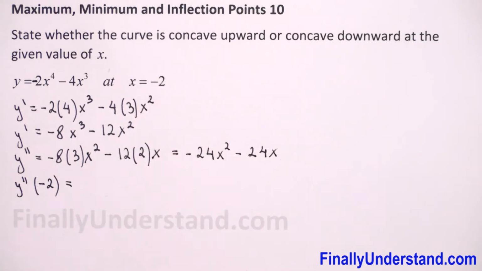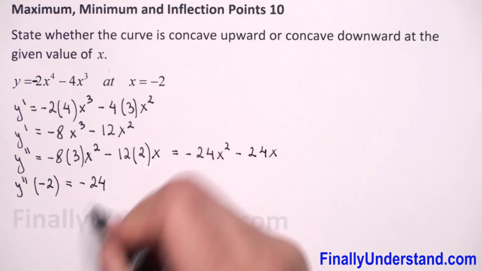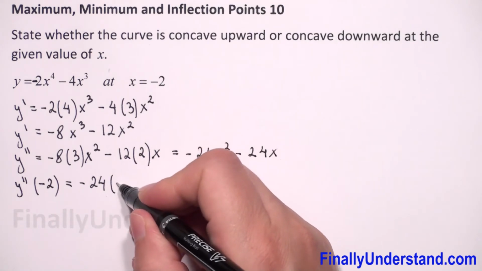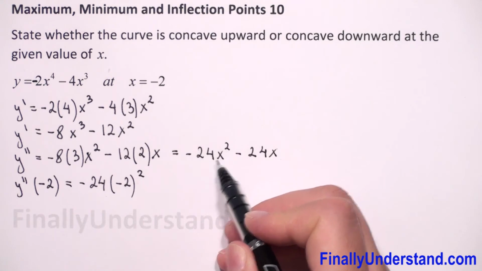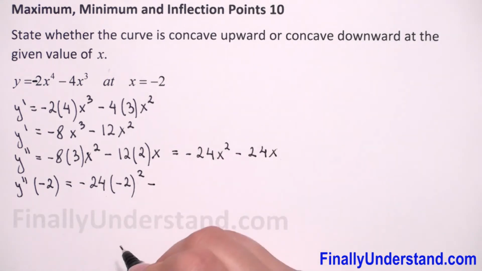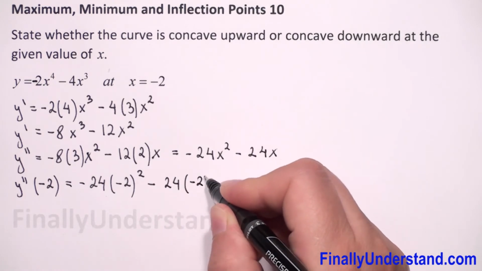So this is equal to negative 24 times -2 to the second power, I just replace x by -2, minus 24 times -2.